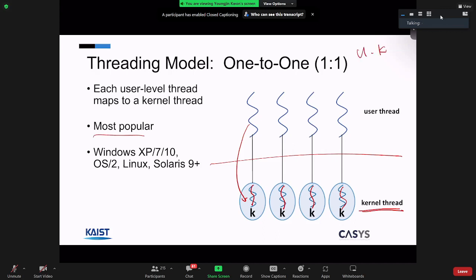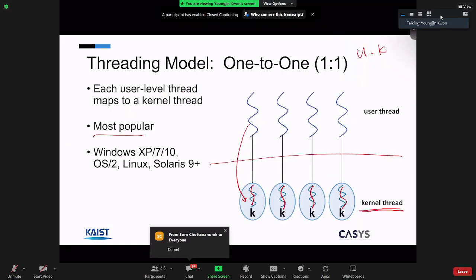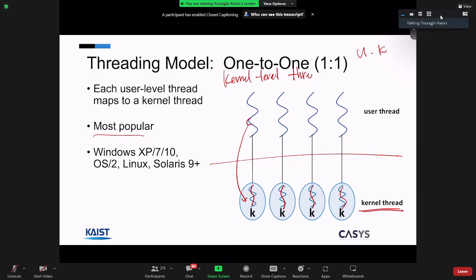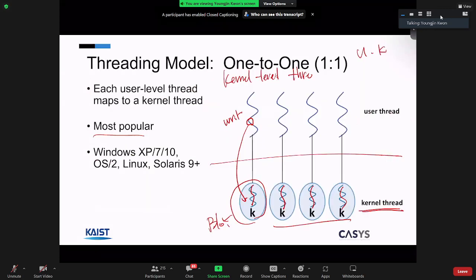It's the one-to-one model, a kernel-level thread implementation. Because of that, if this thread makes a write system call, only this thread is blocked. The other threads are not affected. So no blocking issue happens in kernel-level threads. This is the one-to-one model, the typical model used for kernel-level threads.